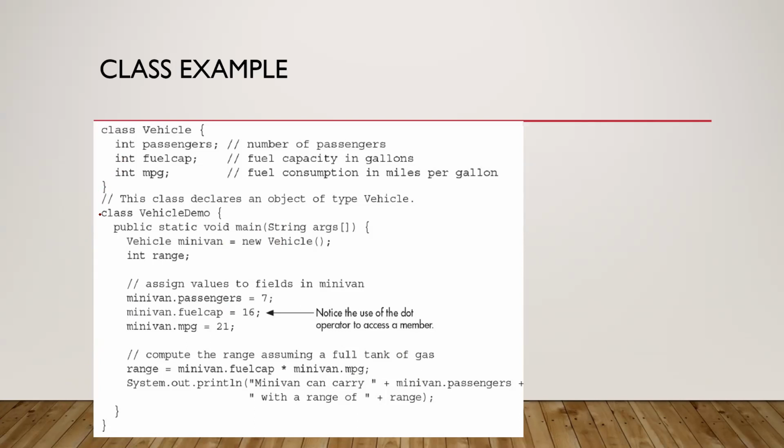We also discussed what the name of the file will be in this case. The name of the file will be VehicleDemo.java. So please remember this: whichever class has the main method, that will be the name of your file, because that will be the starting point.